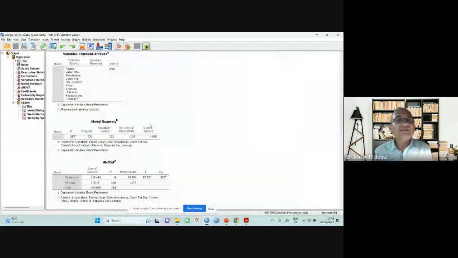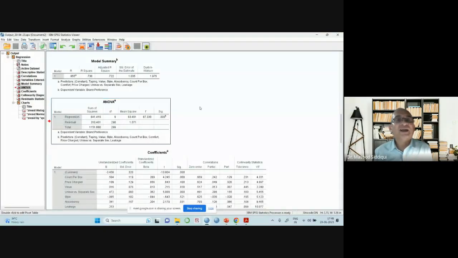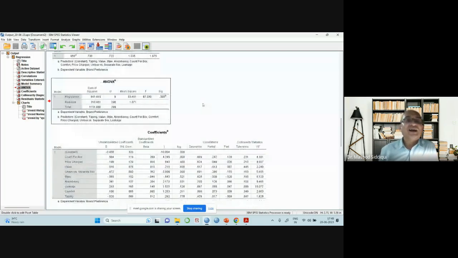We will be discussing this ANOVA. Other tables will be discussed later on. As you see here, this is the total variation, and the two parts are regression, which is the explained variation, and the residual. The magnitude of explained variation or variation because of regression is 93, and the magnitude of unexplained variation or residual variation is 1.071, very low as compared to the explained variation.